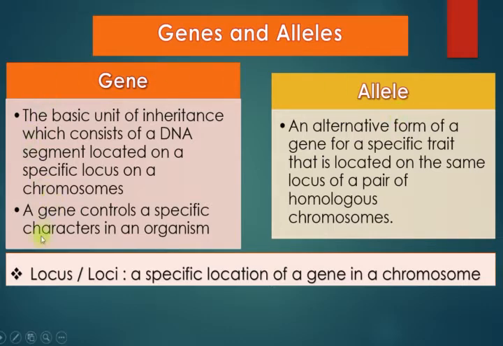Alright, so we go to the locus. Locus is singular, loci is plural. What is a locus? A specific location of a gene in a chromosome. Locus refers to the location where the gene is located in the chromosome.